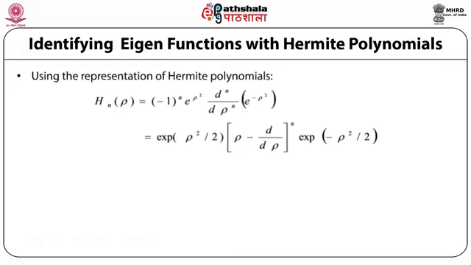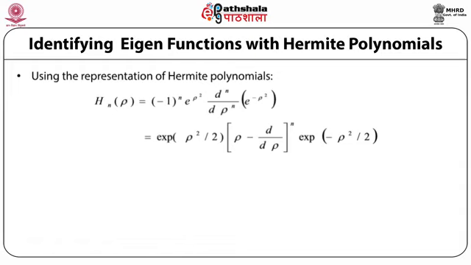And this Hermite polynomial can then be further written as exponential to the power rho square by 2 whole times within brackets rho minus derivative with respect to rho whole to the power n whole times exponential to the power minus rho square by 2.